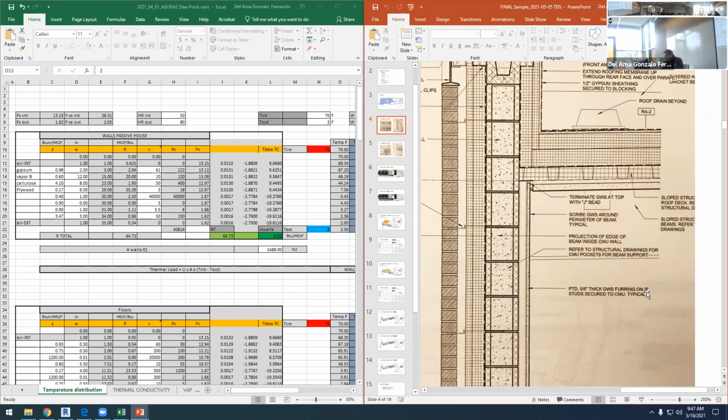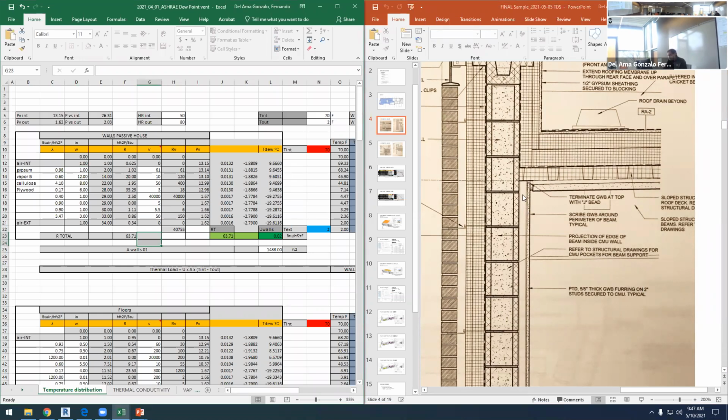Okay, so here we have 2-inch stud. So this is the stud, and the stud is secured to the CMU, to the concrete masonry unit, and then we have the gypsum board here. If this is 2 inches, how much can it be? Maybe it's 3/4 or 1 inch. It's not relevant, but let's say 1 inch, it's fine.